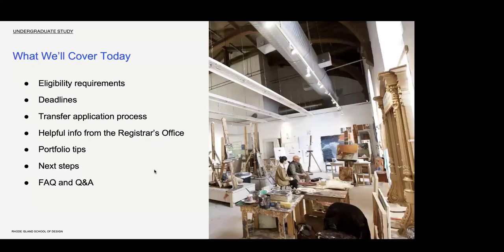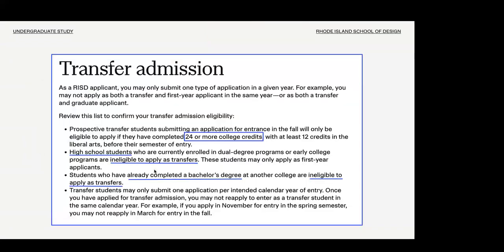Transfer application process, and then the key piece of information to today's session is that, of course, we're joined by Greg from the registrar's office, so he'll go more into depth about what transferring credits actually looks like from a more logistical standpoint when you get to RISD. We'll talk a little bit about portfolio tips, next steps, and then we'll have plenty of time for an FAQ section as well as a conversational Q&A.